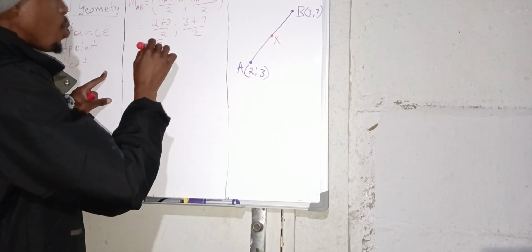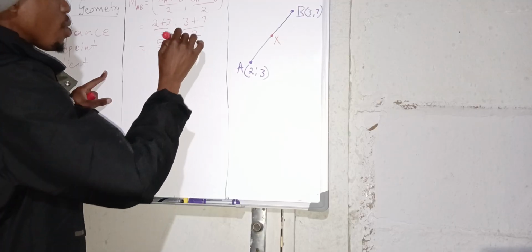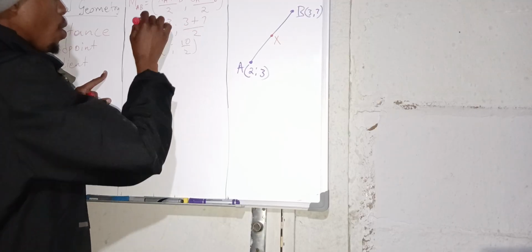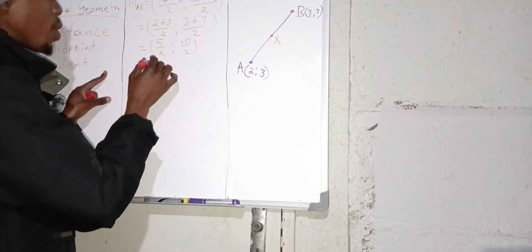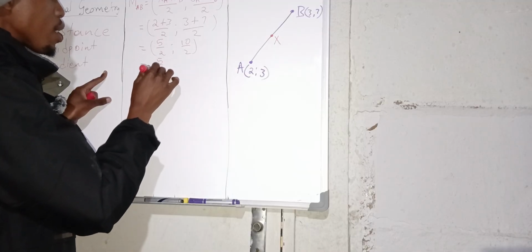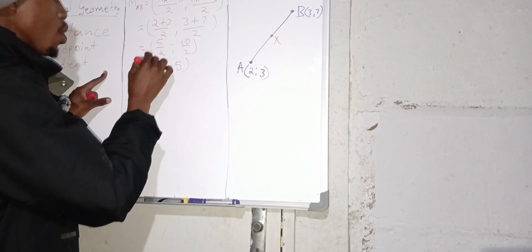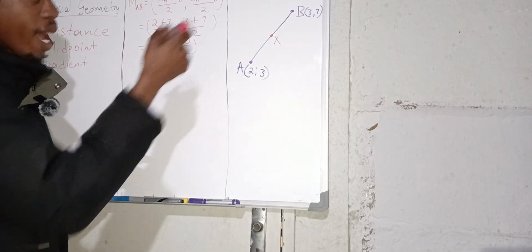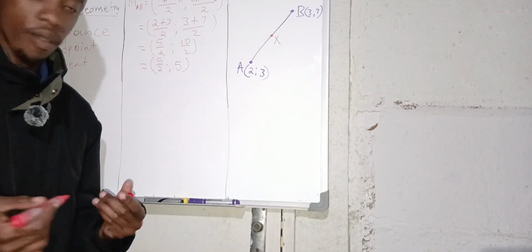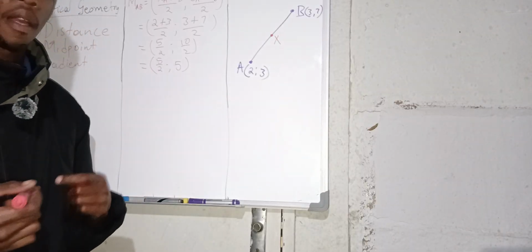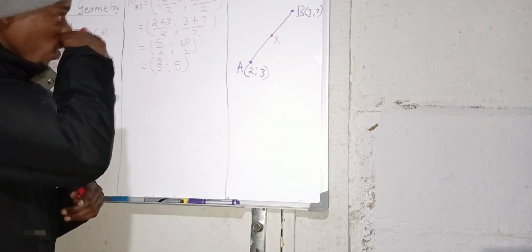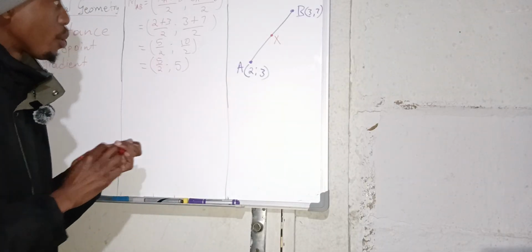Here we have 5 over 2, and here we have 10 over 2. I'll leave 5 over 2 and not write it as a decimal. 10 divided by 2 gives us 5. So the midpoint of line AB is 2.5 is to 5, or rather 5 over 2 is to 5. I hope that makes sense.